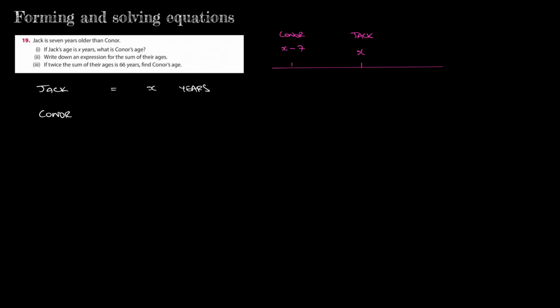So he's equal to x minus 7. So if Jack is x, what is Conor's age? The first answer there is just this here.